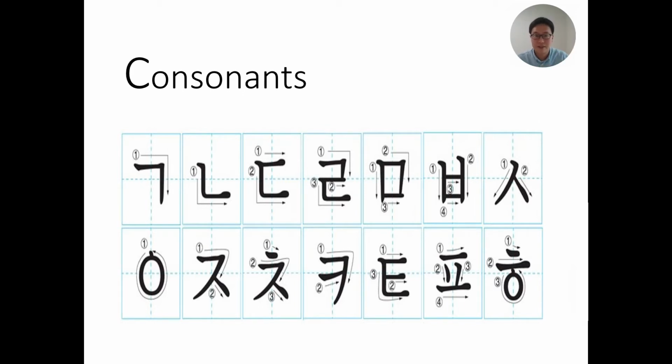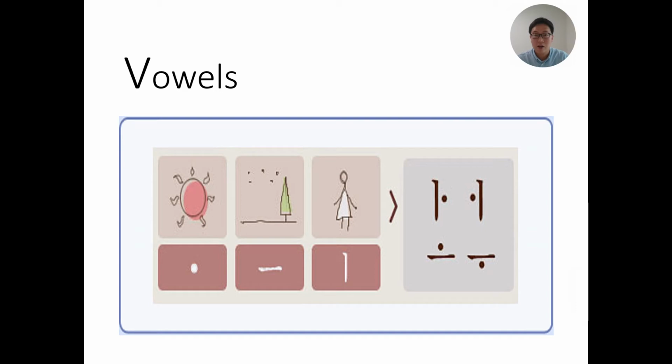Next, vowels. King Sejong made vowels using the sun, the ground and people. For example, there is a person and there is a sun. The sun very next to the person is called ah, and the sun to the very left of the person, we call it uh.